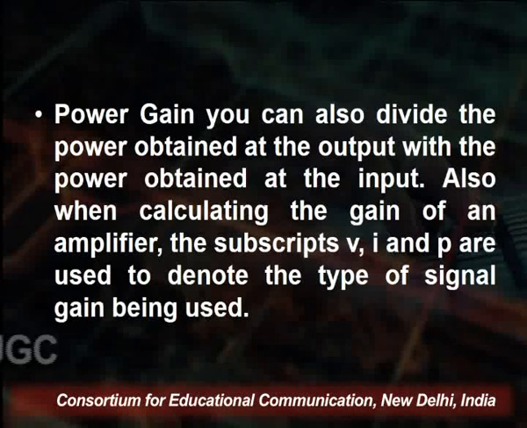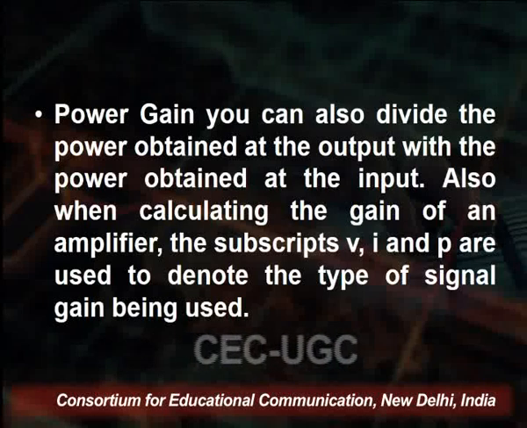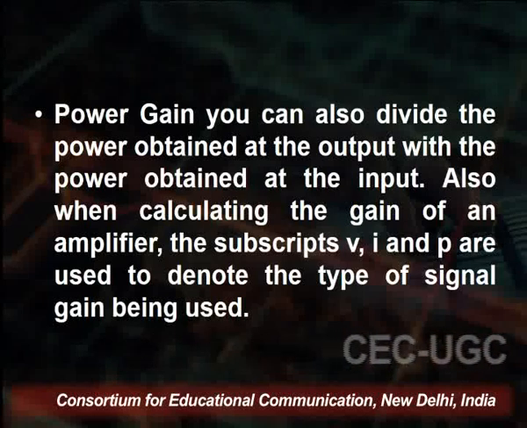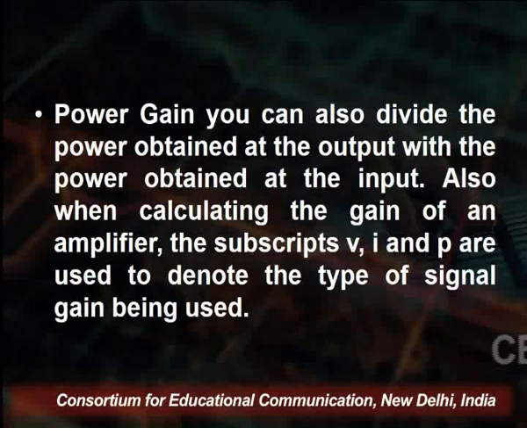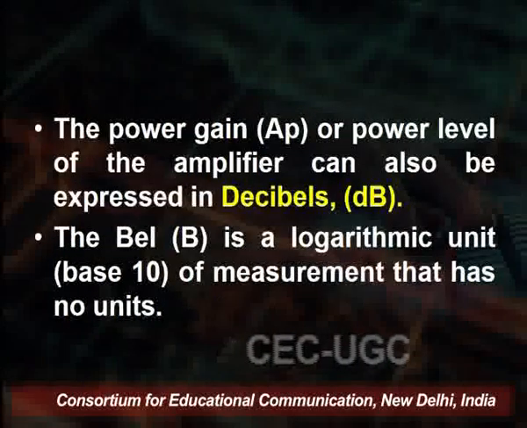You can also divide the power obtained at the output by the power at the input. When calculating the gain of an amplifier, the subscripts V, I and P are used to denote the type of signal gain being used.